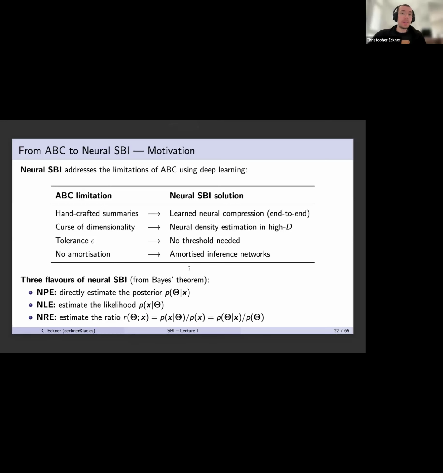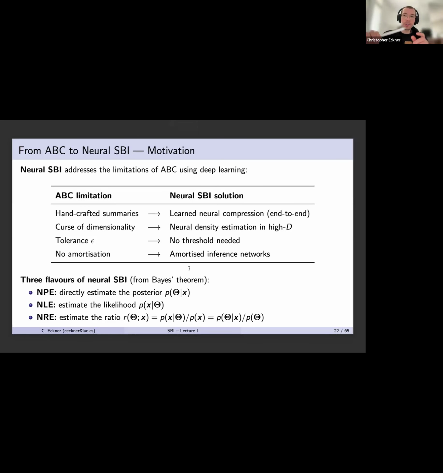So this motivates why you want to go to this simulation-based inference framework with neural networks. For approximate Bayesian computation, you go to these handcrafted summary statistics. While if you put in neural networks, you have these reduction schemes you've heard of.